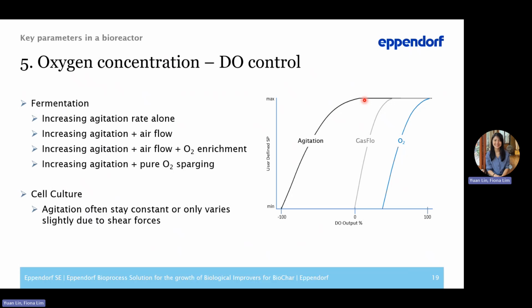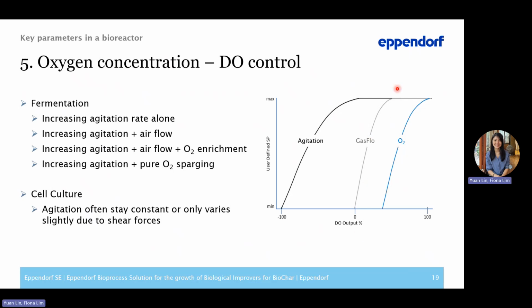Then in this case, the agitation can no longer provide your microorganisms with enough oxygen to grow. So in that case, sometimes airflow could be activated and introduced into the bioreactor so that cells could get some sort of oxygen from the air, from the gas flow.